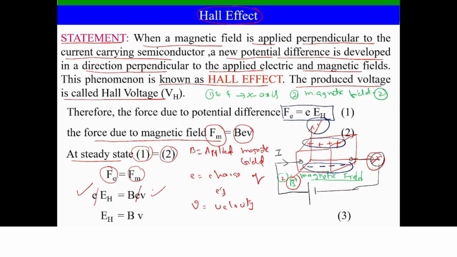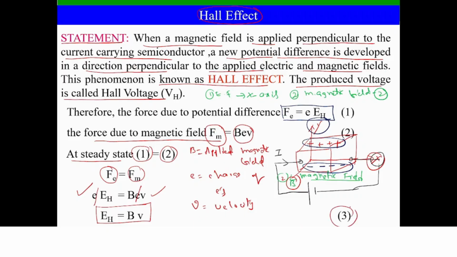After cancelling small e, what is the remaining term? EH is equal to BV, where EH is the Hall electric field, B is the applied magnetic flux density, and V is the velocity of the charge carrier or velocity of the electron. Now let us consider it as equation number 3.